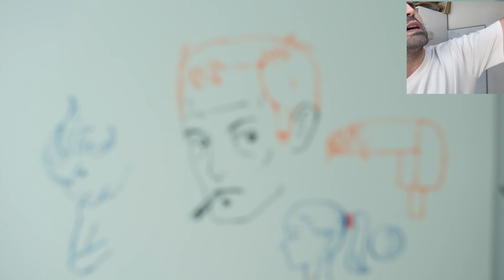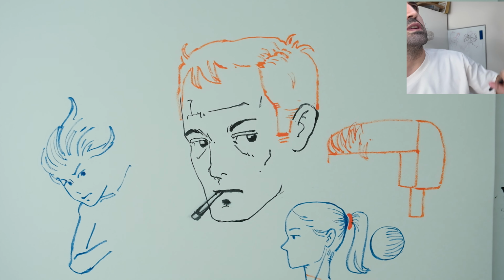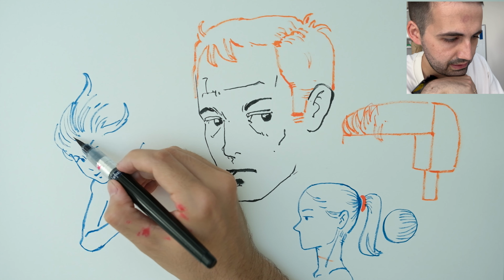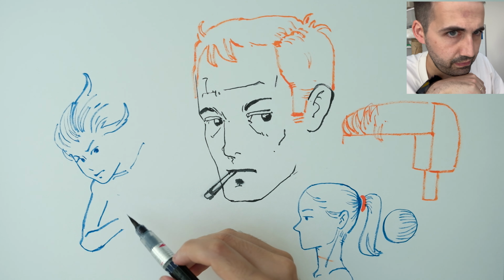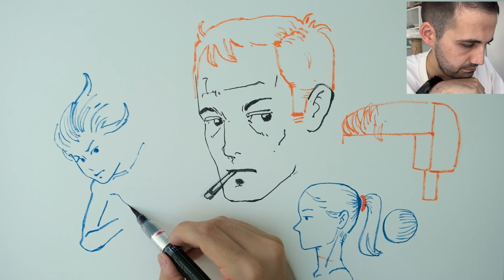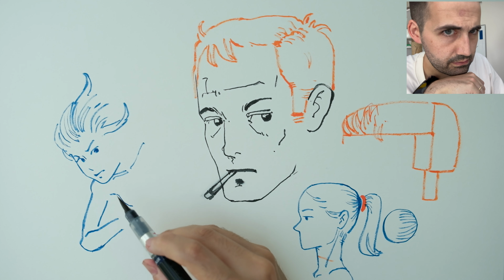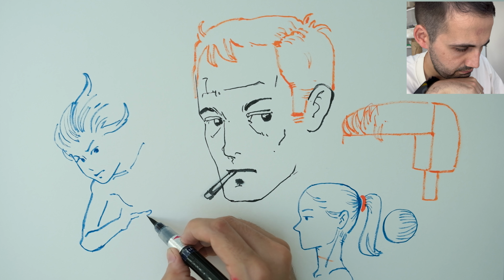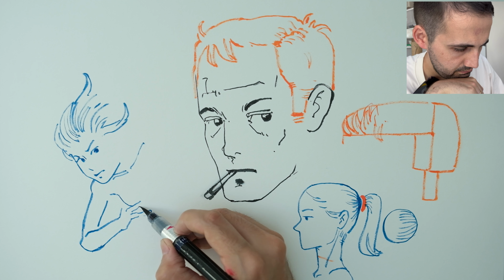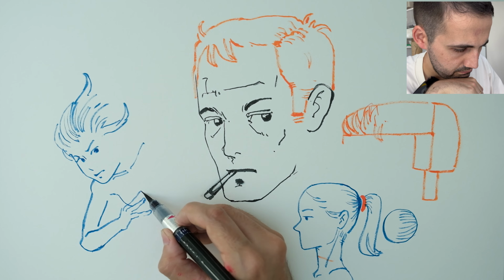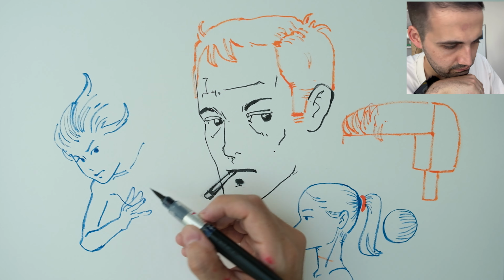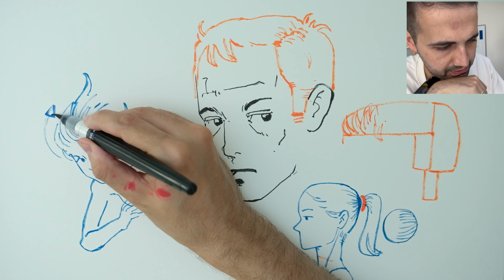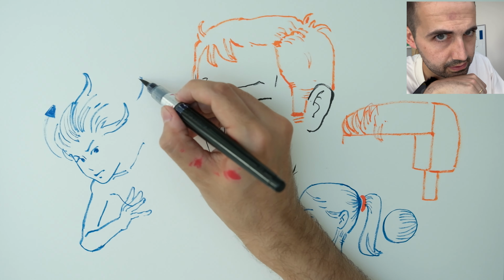sorry, the camera is not focusing right now for whatever reason. Sometimes it does that. But let's say the person is running, right? The hair flows in this direction.